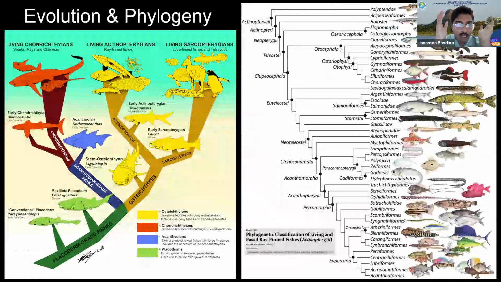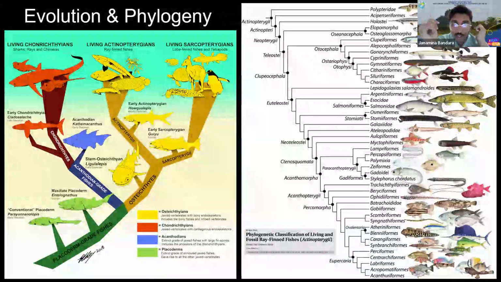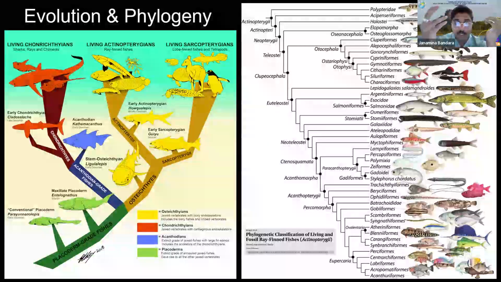Moving on, before we talk about the diversity, we have to get some idea how this diversity begins. Fish is a really broad umbrella term. All these fishes and their ancestors are from different orders and different classes.